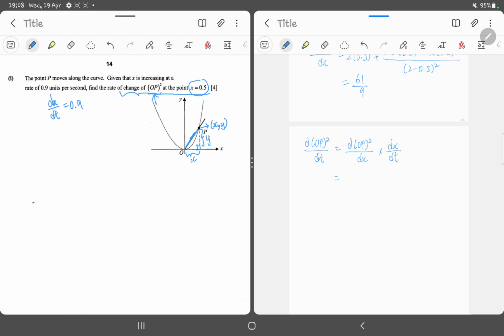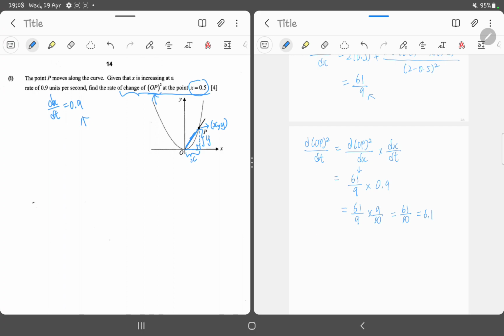And we know that at x equals to 0.5, d(OP squared)/dx gives us 61 over 9, which we have evaluated earlier. And dx/dt is given by 0.9 by the question. So which means that this is actually equals to 61 over 9 times 9 over 10. So this gives us 61 over 10, which is equals to 6.1.